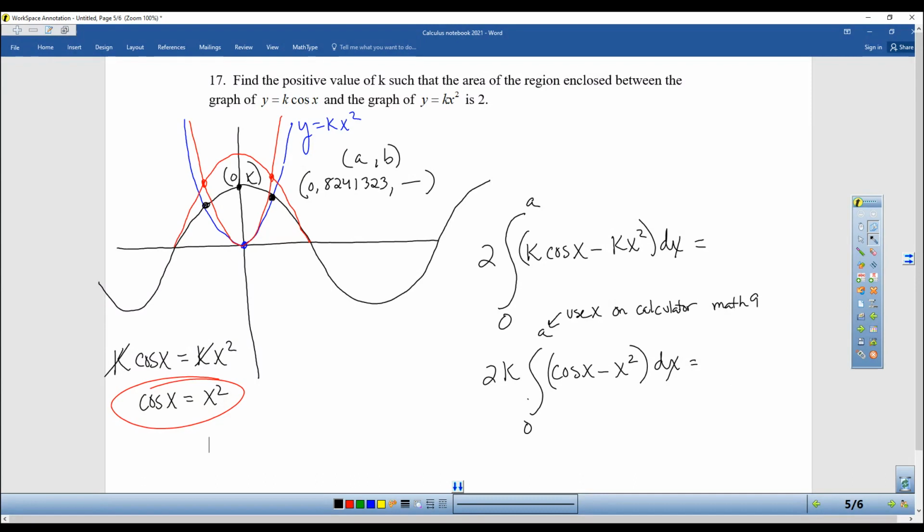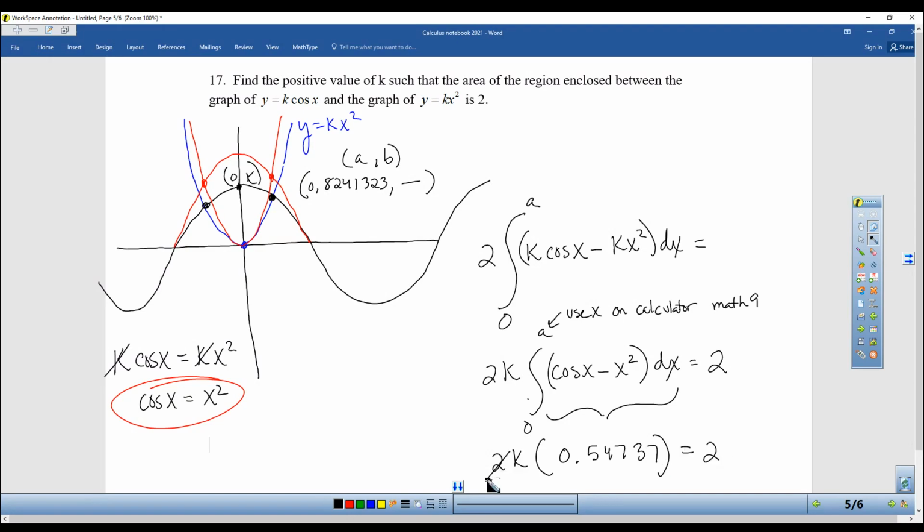And it tells you that this region enclosed is 2. So now we have 2k, and using our calculator to do all of this, this comes out to 0.54737 is equal to 2.